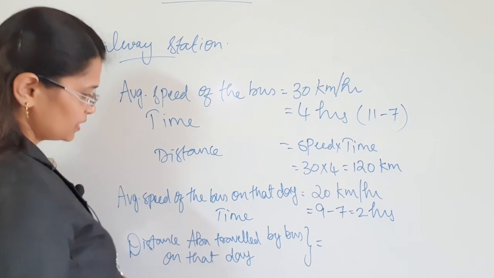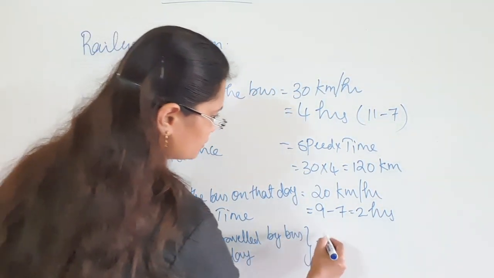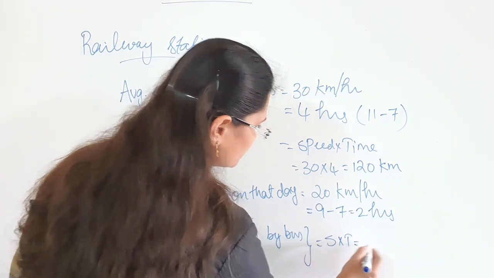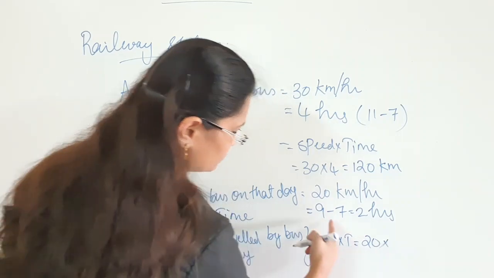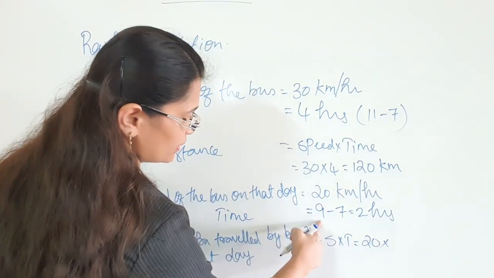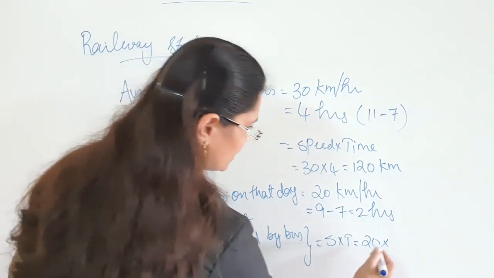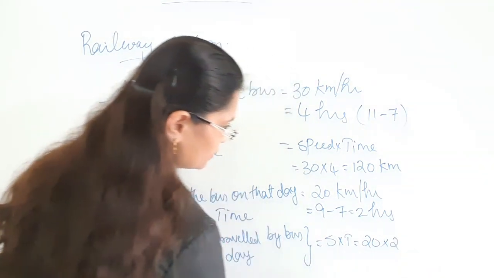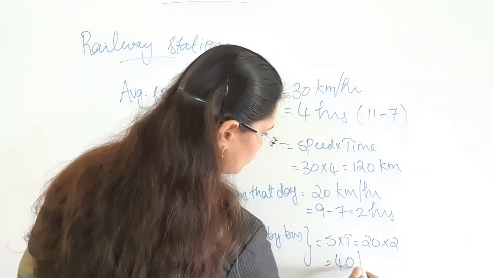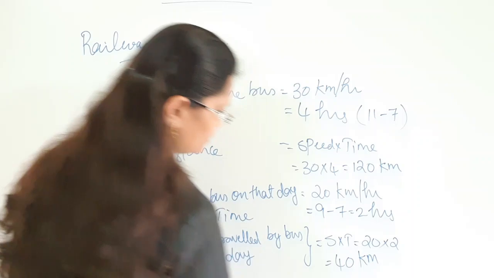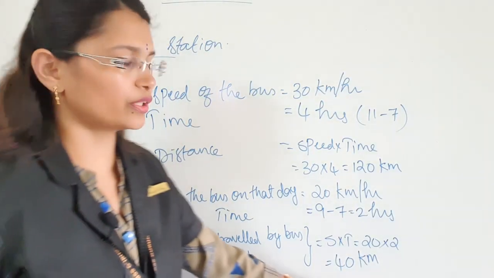Distance is equal to speed into time. Speed is equal to 20 into time. He started at 7 but he got down from the bus at 9. So, total duration 2 hours. So, 20 into 2 is equal to 40 kilometers. So, distance Abu travelled by bus on that day is equal to 40 kilometers.